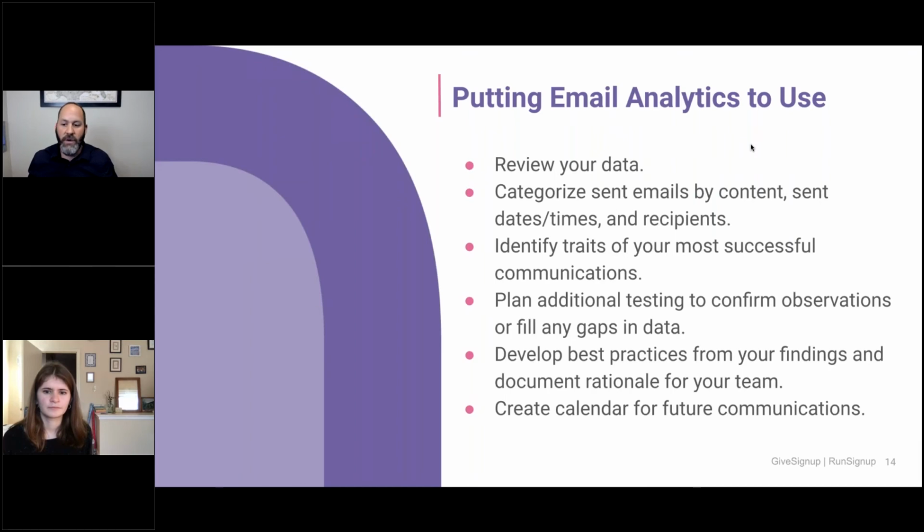What you're trying to do here is extrapolate or get patterns out of this data, so that you can have useful information that could apply to future emails that are similar or have traits from these buckets, either by content or the date and time of recipients. And then identify the traits of your most successful communications.